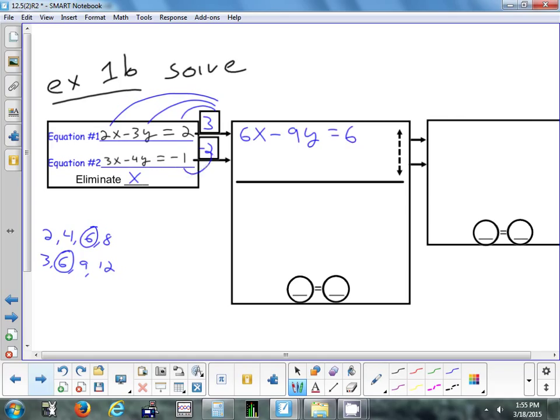Okay, now let's do the bottom. Okay, Austin, what do I get when I do -2 times 3x? Good. Okay, Spencer, what do I get when I do -2 times -4y? What's -2 times -4y? Positive.